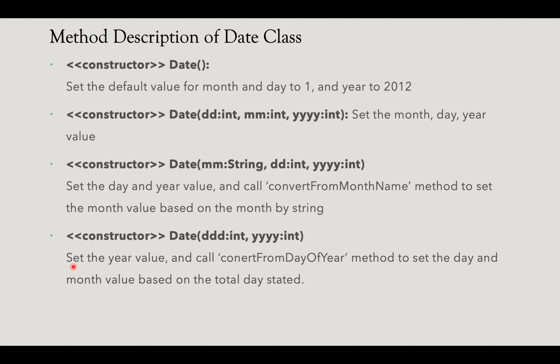And then we have this, set the year value and call the convertFromDayOfTheYear method to set the day and month value based on the total date state. So we're going to create 2 methods, 2 functions, called convertFromMonthName and convertFromDayOfTheYear.